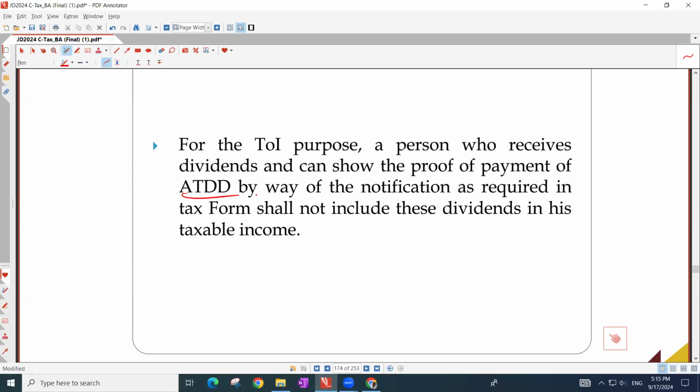As I said, if the shareholder is a legal entity, they need to show the evidence that this is dividend received from the resident subsidiary, and the proof is that you need to show some sort of notification to the tax department.